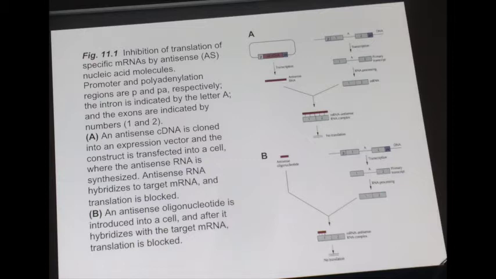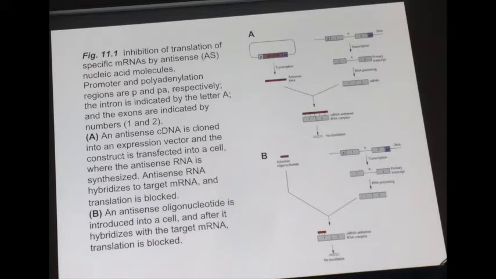The antisense RNA is the exact complement of the mRNA. So it's transcribed from the other strand. The antisense RNA does not code for protein. Doesn't code for anything. But if you add an antisense RNA to an mRNA, it binds based on base complementarity.